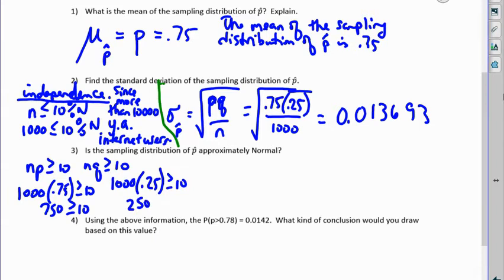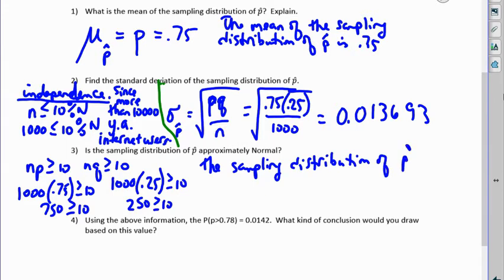Yes, 250 is greater than or equal to 10. We can say that the sampling distribution of p hat is nearly normal. And of course, you have to have something substantiating it, and I do by my calculations, which are right there.